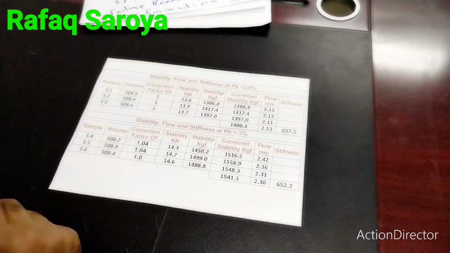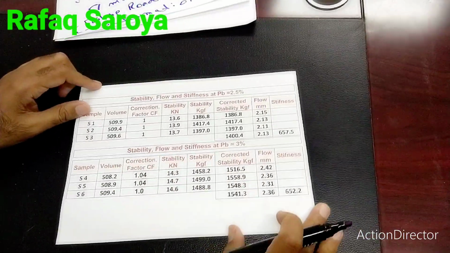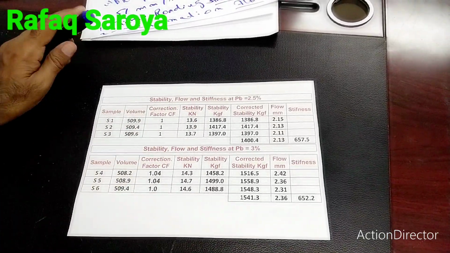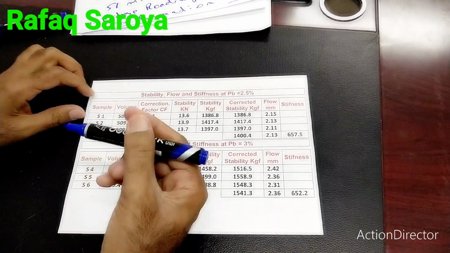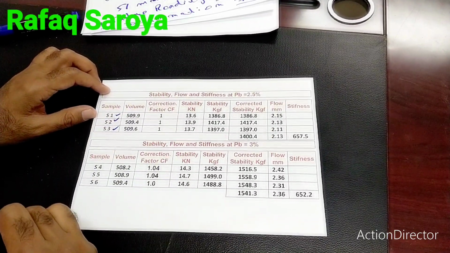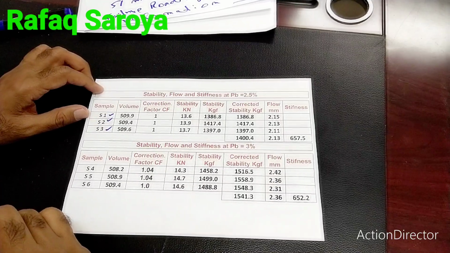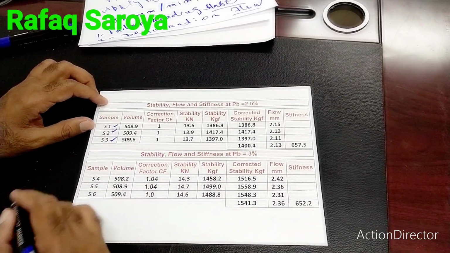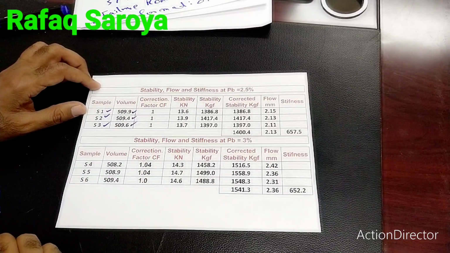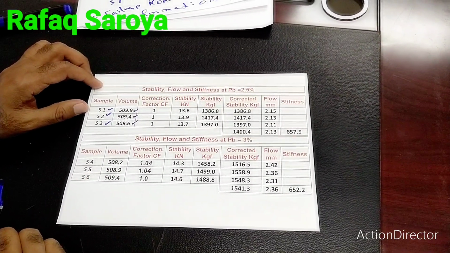For the first sample, we have calculated the volume earlier, and this volume is written over here for sample S1, sample S2 and sample S3. In my previous video I have shown it, and it is written over here: 509.9, 509.4 and 509.6.